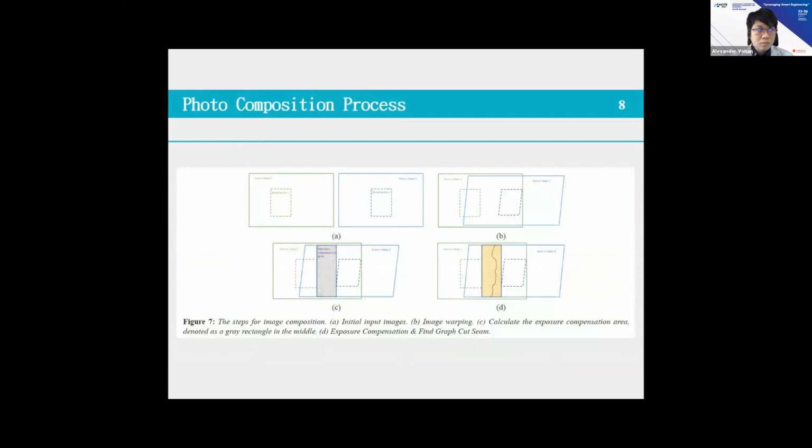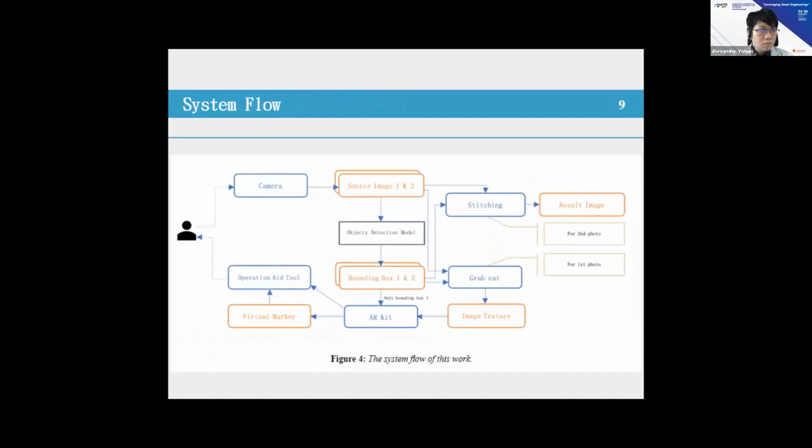Okay, so this is like a more detailed process. We have two photo taking processes, so there must be some overlap. So once they are aligned well, we can try to find a seam to combine these two images together.